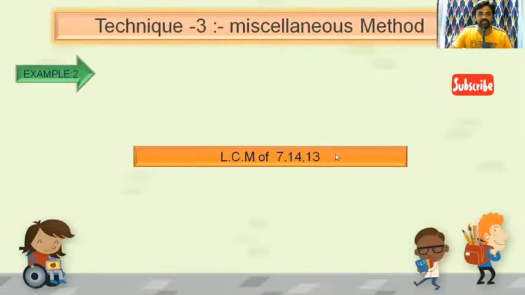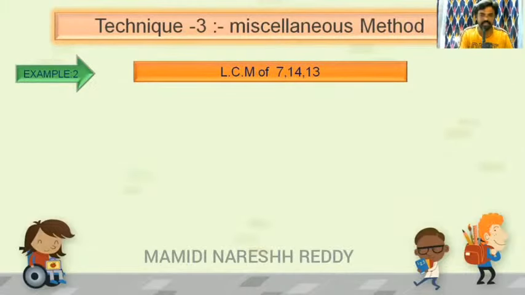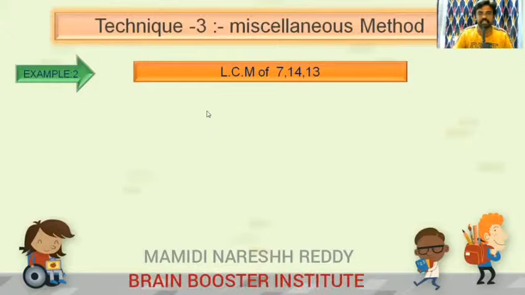In example 2, find the LCM of 7, 14, 13. In the same process, 14 is the biggest number, and 7 is a factor of 14, so I cut it down. The remaining number is 13.